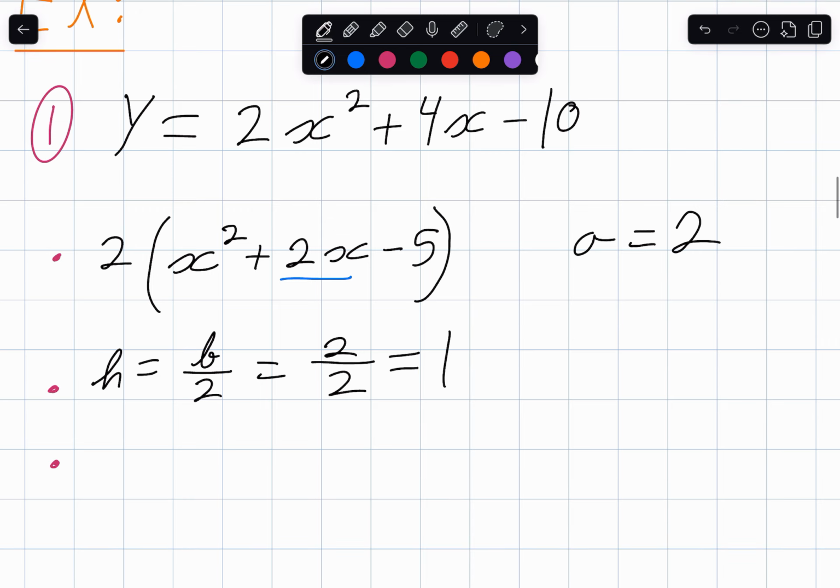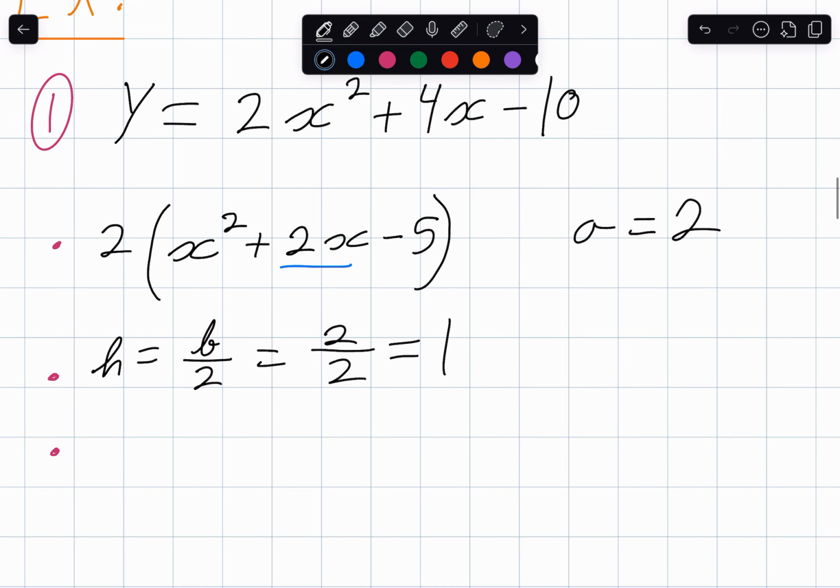The third and last step is to set x minus h equal to 0. But we need to recall our form. Remember that the vertex form is a times (x minus h) squared plus some k.